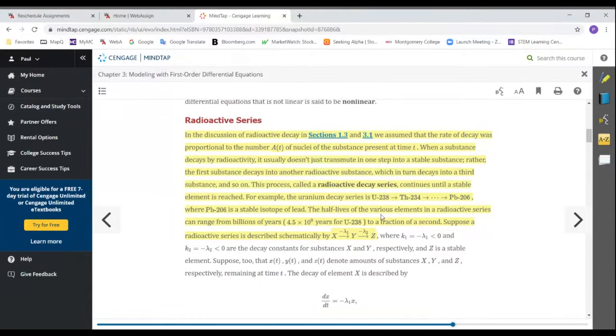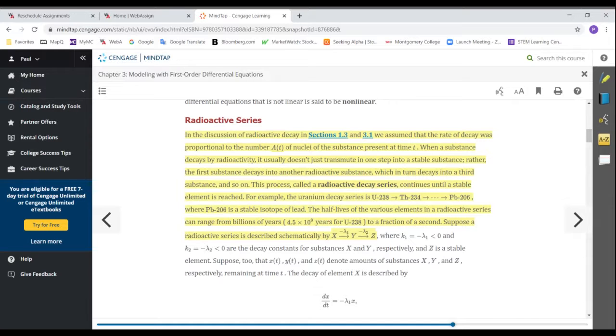When a substance decays by radioactivity, it usually doesn't just transmute in one step into a stable substance. Rather, the first substance decays into another substance, which in turn decays into a third substance, and so on. The process, called a radioactive decay series, continues until a stable element is reached.